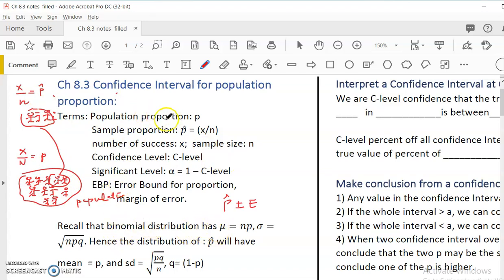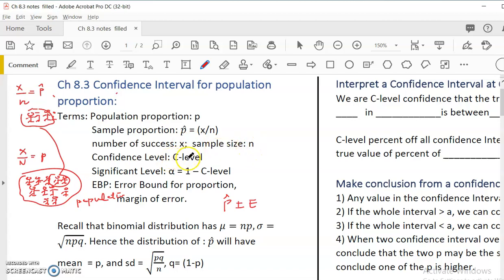Before we do that, let's look at all the symbols and terms related to the confidence interval for population proportion. Mainly, if I have a sample, I calculate a proportion of interest that I want to find out, like a percentage of something. Then I want to use this to find the error bound, and get a confidence interval where the real p should be in this range. So p hat is X over N, where X is the number of successes, N is the sample size.